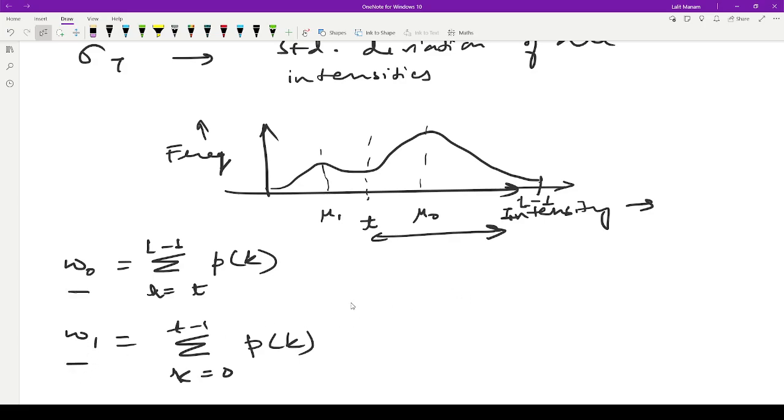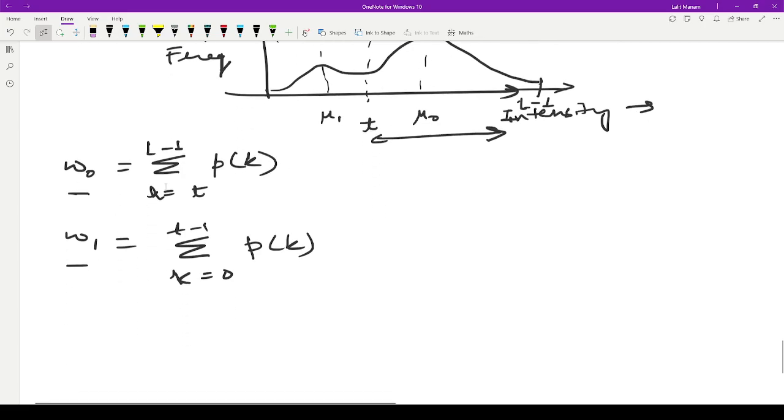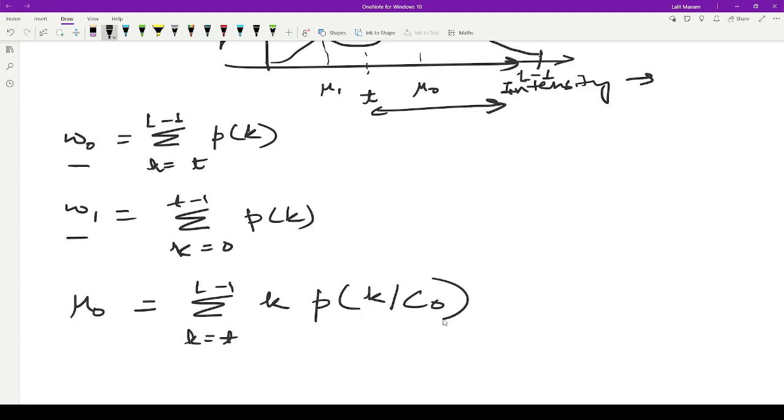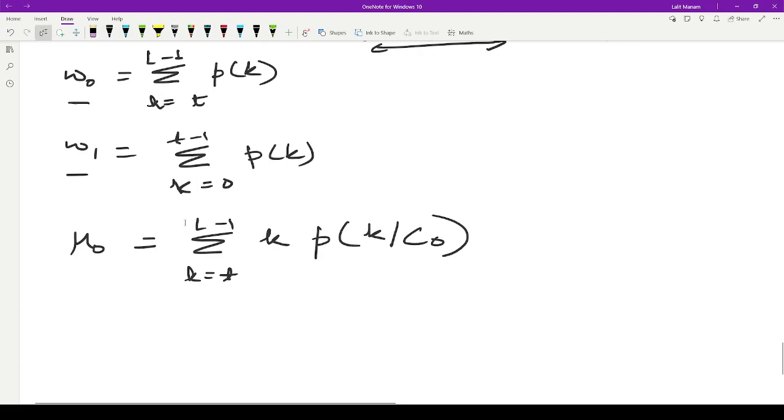Now next we need to define the mean. Mu naught is the mean of the pixel values in class 0. That means class 0 is from t to L minus 1, the sum of k times the probability that intensity k belongs to class 0. Okay, so we'll expand this further.